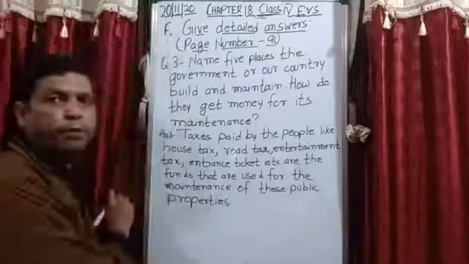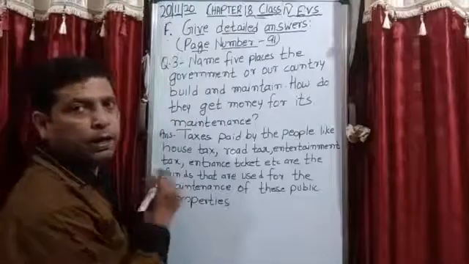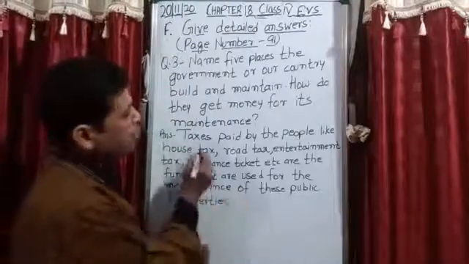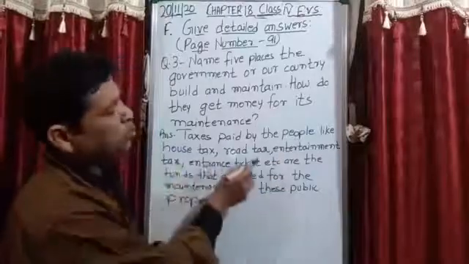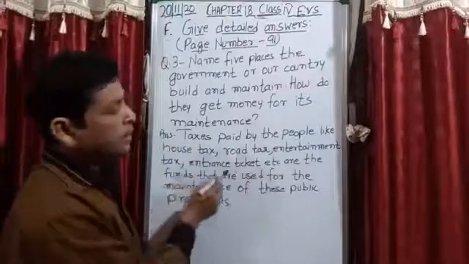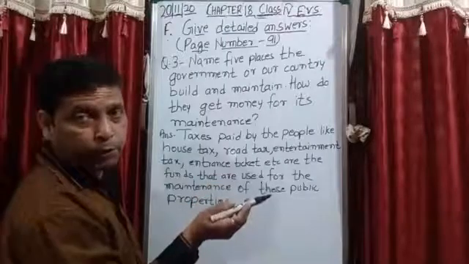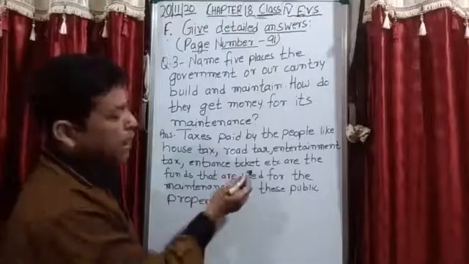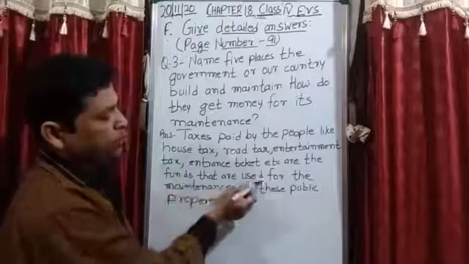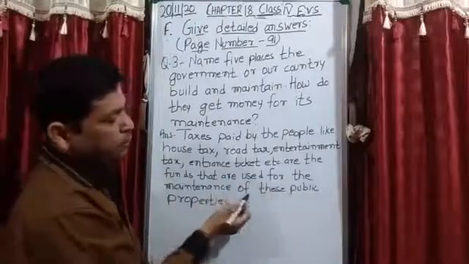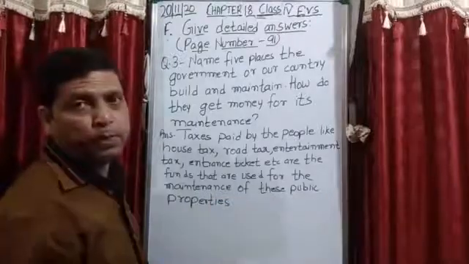So student, from where we are getting the money or fund for that? Taxes paid by the people, like house tax, road tax, entertainment tax, entrance ticket at the time when you visit a park or zoo, etcetera. So these are the funds that are used for the maintenance of these public properties. Thank you.